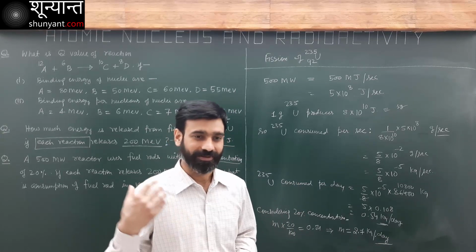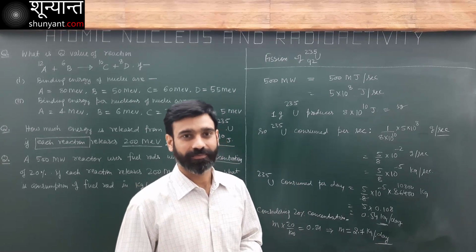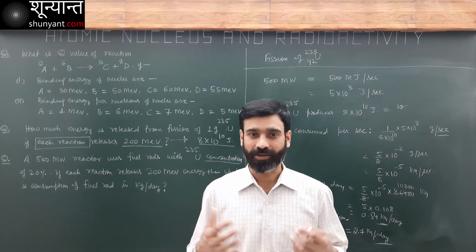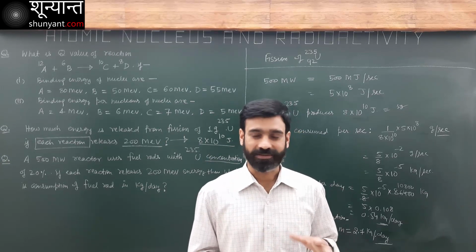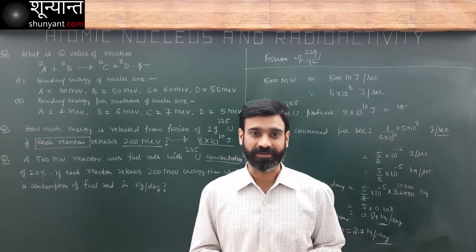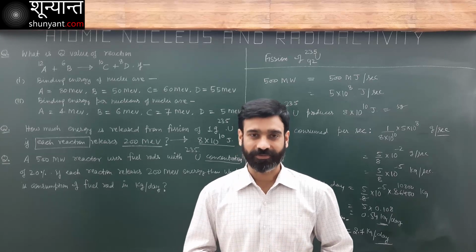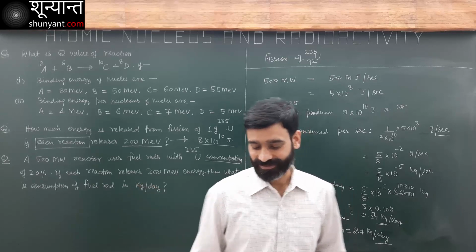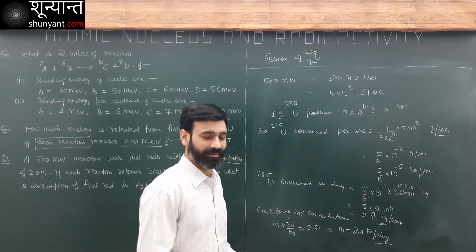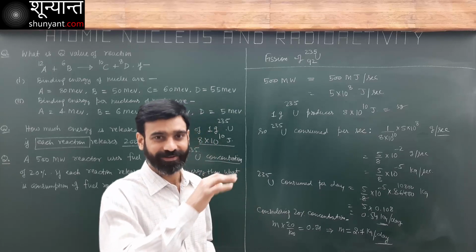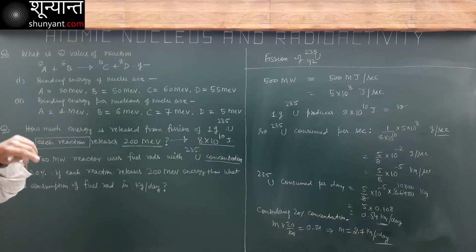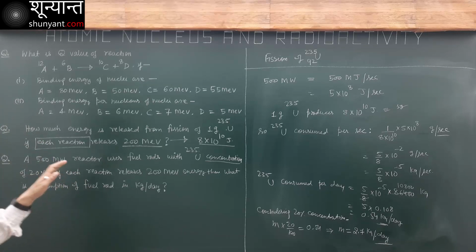And compare this with the amount of fossil fuel we burn every day, coal, oil, to produce such an amount of energy. Thousands of tons will be required every day to produce this amount of power. So this is a nuclear reactor.